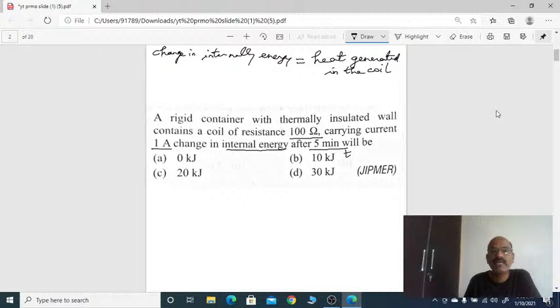Here time is given, resistance is given, and current is given. Then we know the heat generated: H equals I square RT, based on the given data. That's it. Yes, you can solve it now.